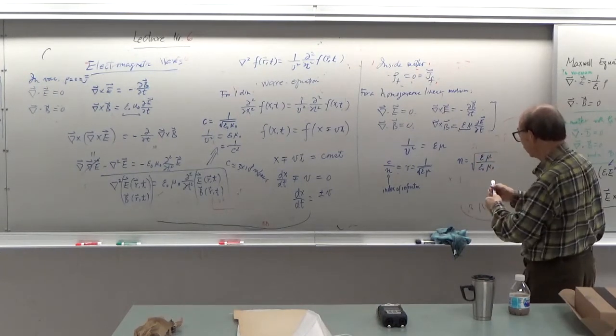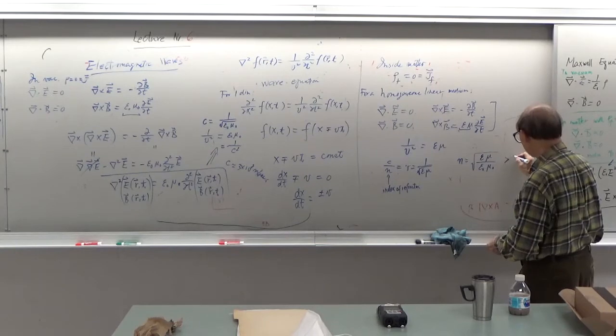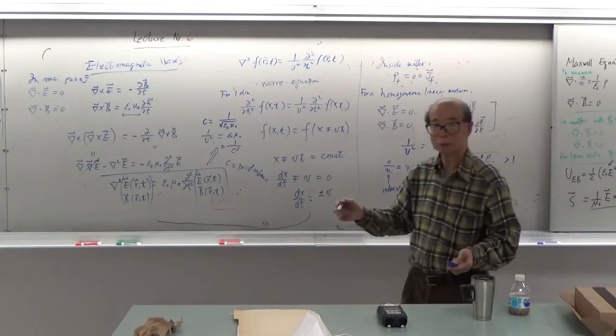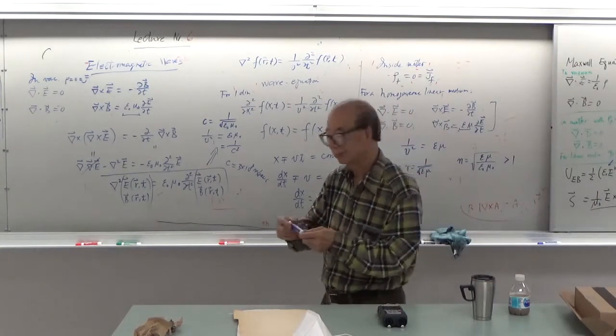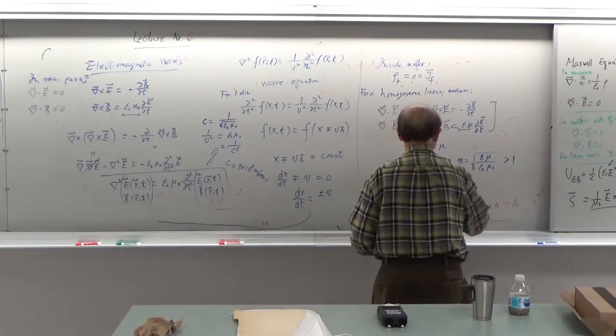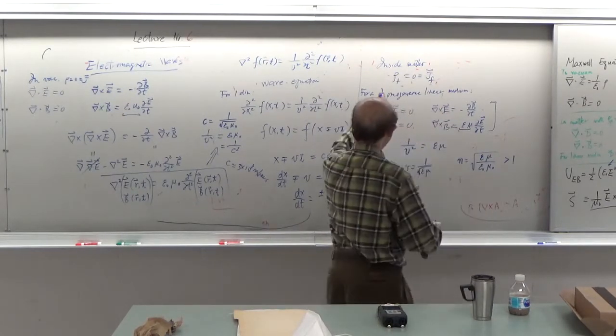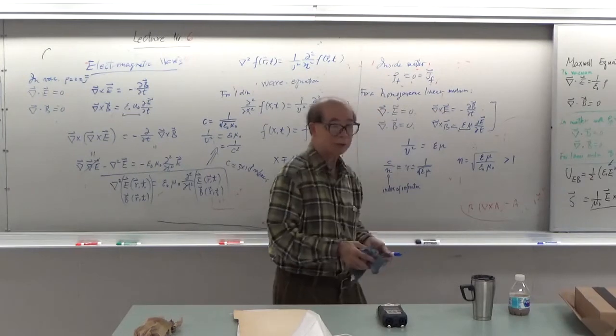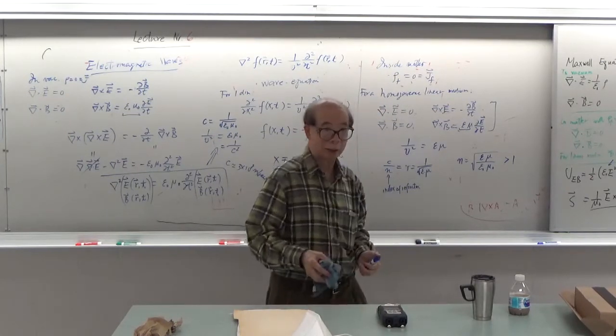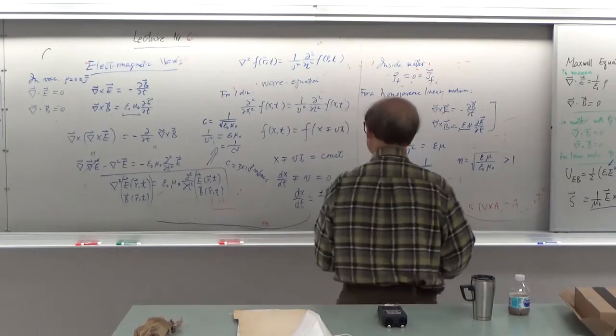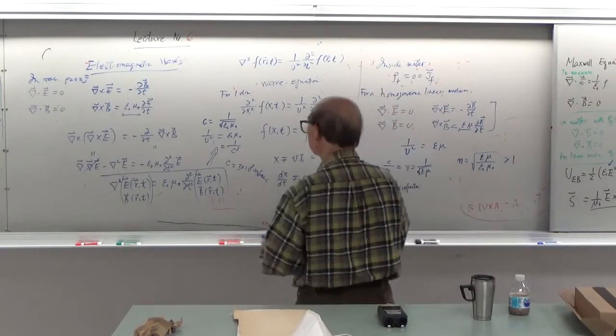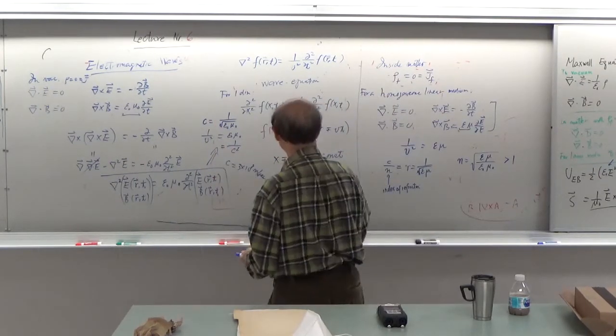So we expect the index of refraction to be greater than 1. And that is as observed in nature. We'll come back to talk about propagation of waves inside matter later on. But let's continue to talk about electromagnetic waves in vacuum.